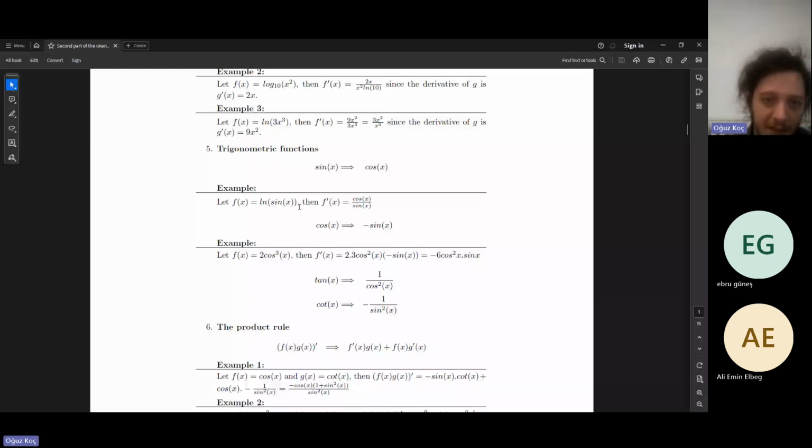If you take the function's derivative here, you start with the derivative of the inside of the natural logarithm, which is cos x. We write it down here, and then we divide it by the function itself, sin x. And since it's a natural logarithm, there's no need to add a logarithm part here.